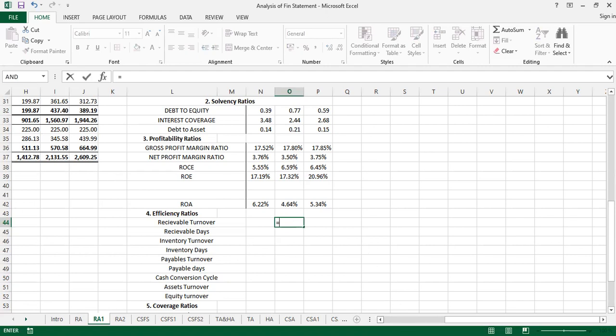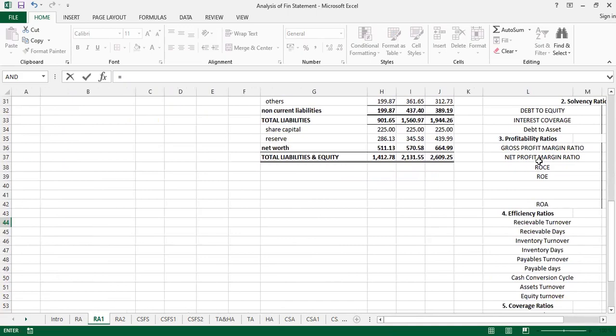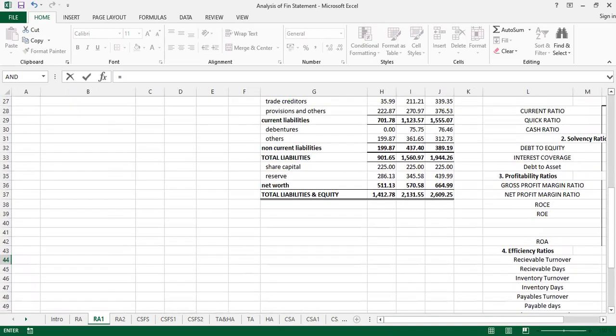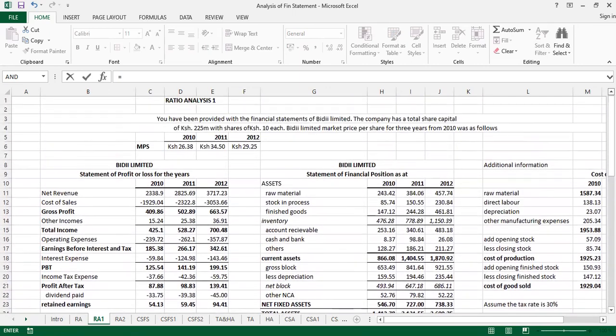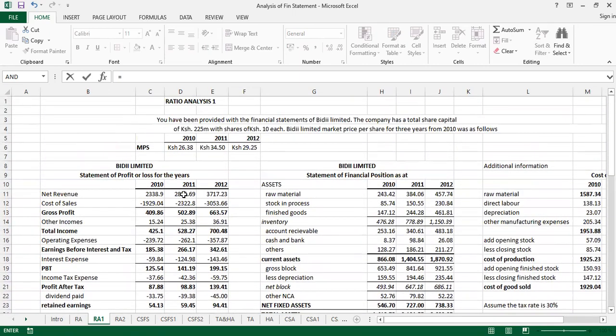So we go to our sales of the second year. Here for 2011, this one. Then we do divide, and I will open brackets. Open our brackets. So it's average account receivable. So it will be for 2010 plus for 2011 divided by 2, isn't it?